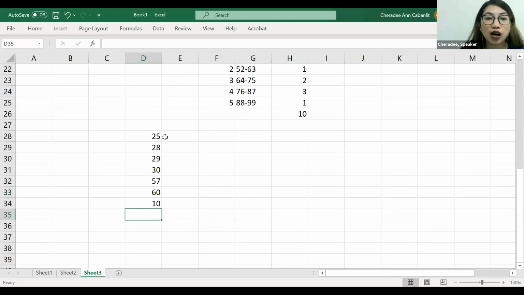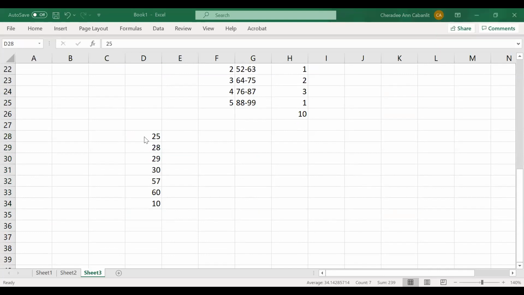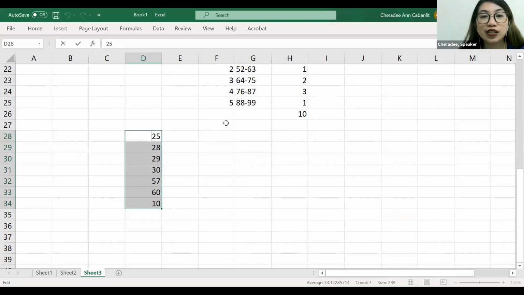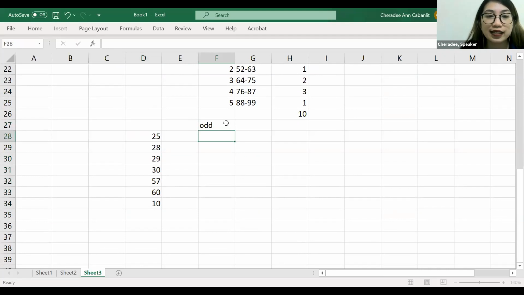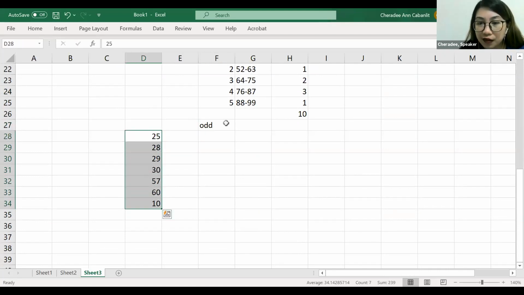Now, you count first how many numbers you have. That's 7, right? So it's odd.